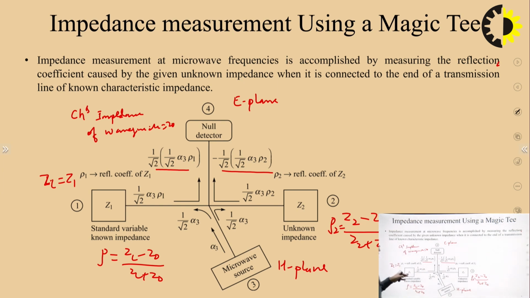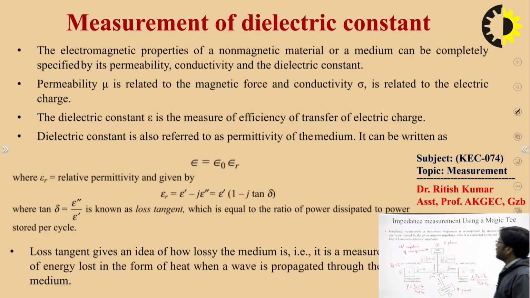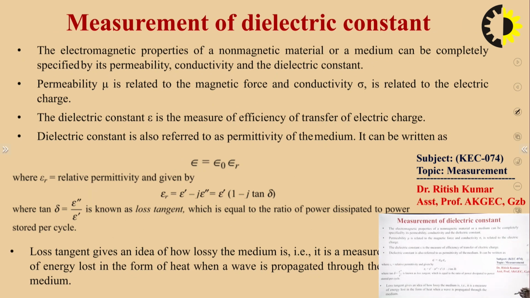That's why with the help of the known impedance you can identify the unknown impedance, because at the same impedance value you will get the null detector at port number 4, the E plane port. So with the help of this known impedance you can get the unknown impedance with this magic T impedance measurement setup. I hope this is clear to all of you. The next topic is the measurement of dielectric constant.